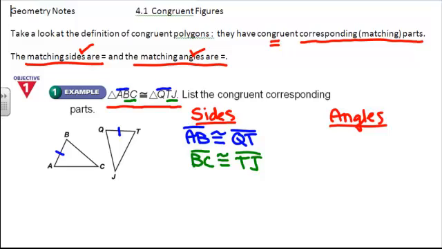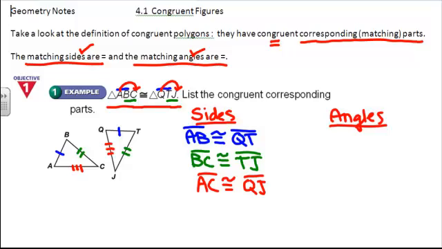Because it's a second set, I mark BC and I mark TJ. The third set of letters I see go from A to C, which matches Q to J. So I know AC has to be congruent to QJ. And you can see on the picture, this AC with 3 arc marks matches this QJ with 3 arc marks.